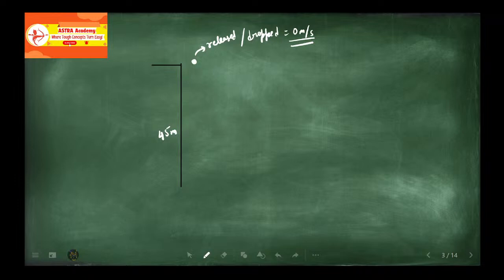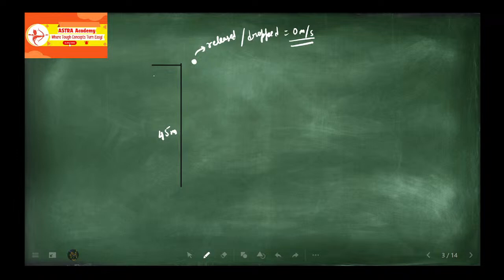Because it is obvious, if the surface is moving, then the person is moving, and the ball in the person's hand is also moving with the same velocity. So the initial speed of the body in that case will be equal to the speed of the surface from where it is released. I think I am clear to everyone.